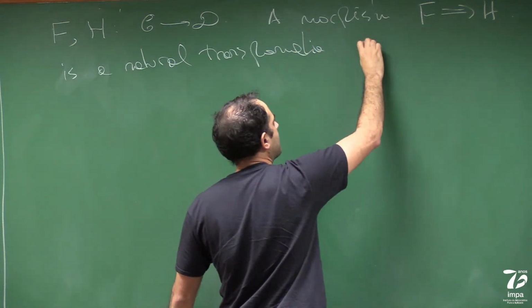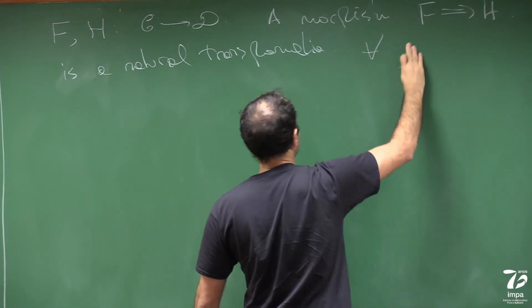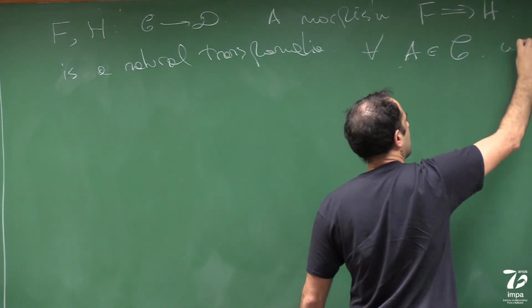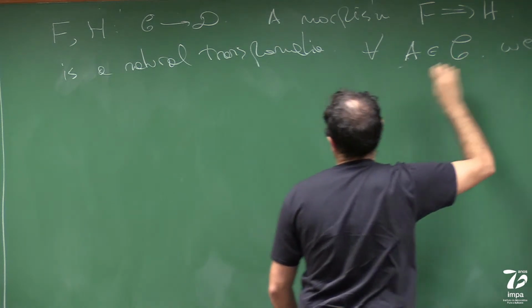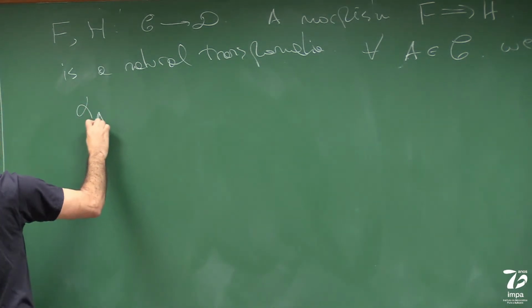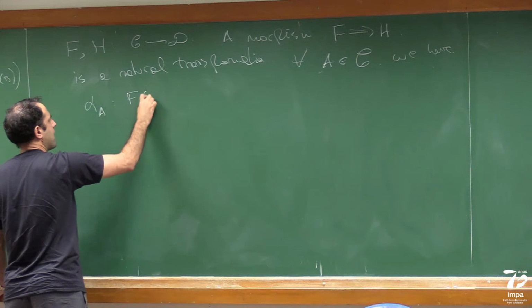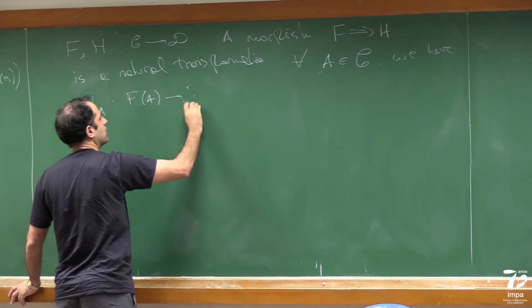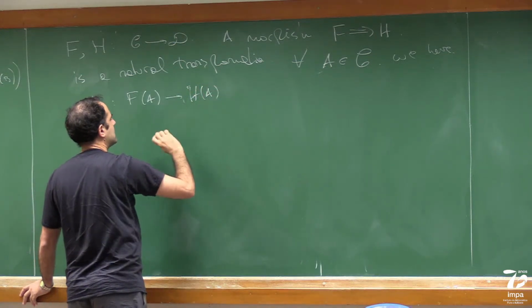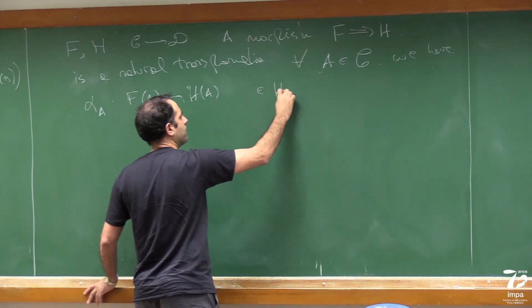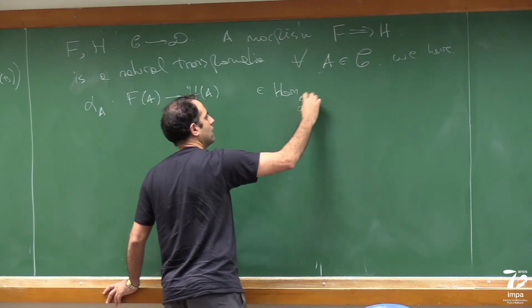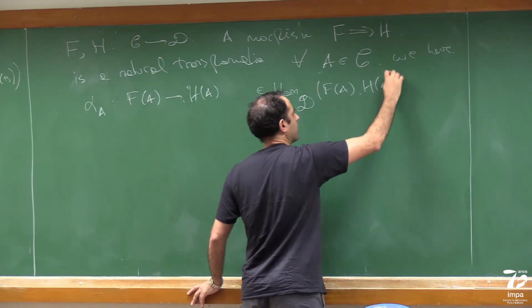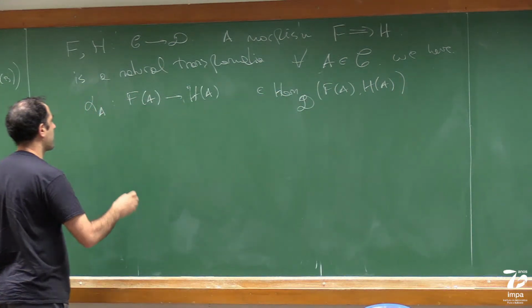That is the data that for every A in C, we have some alpha A that goes from FA to HA. So this is an element in Hom_D(FA, HA), making the following diagram commute.